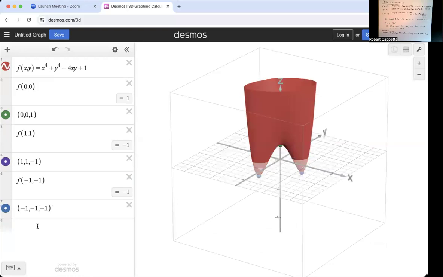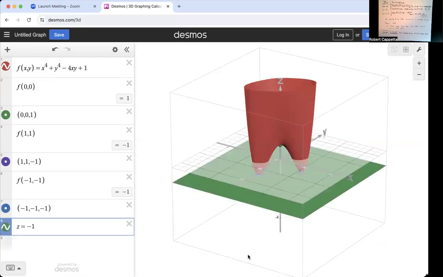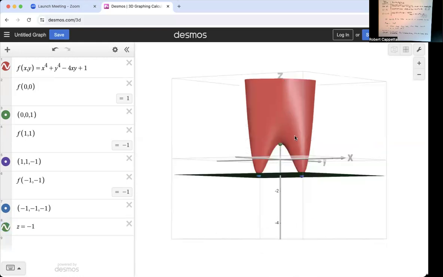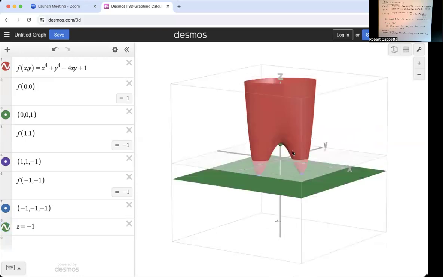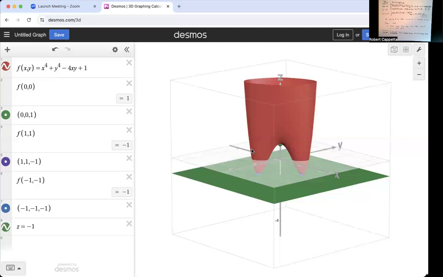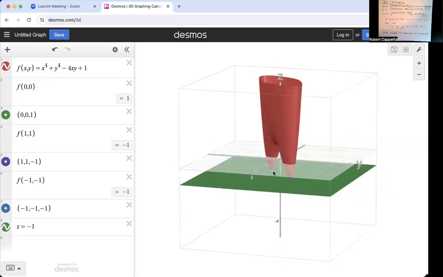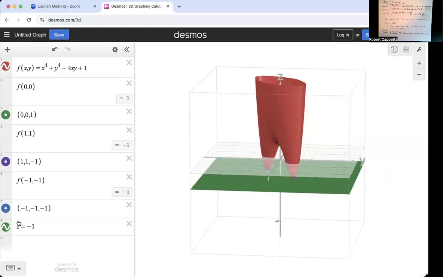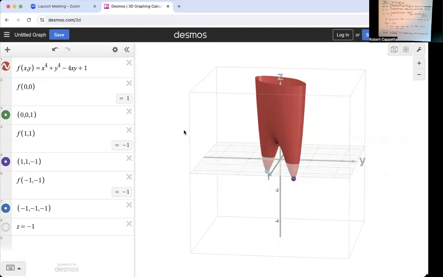So that would be at z equals -1. Do we see this tangent plane? So indeed, that tangent plane, we can see that f sub x partial in the x direction, partial in the y direction should be 0. Do you see the tangent plane at the saddle point? So where is that? So the saddle point was at 0, 0, 1.